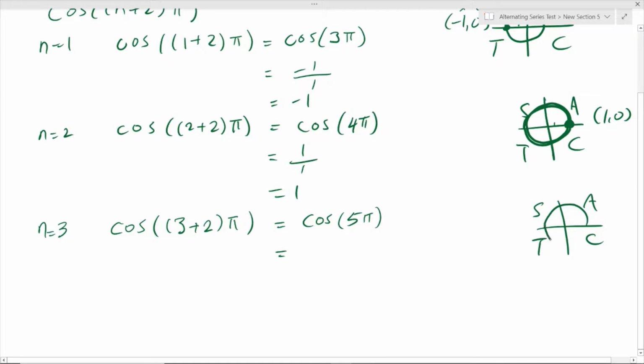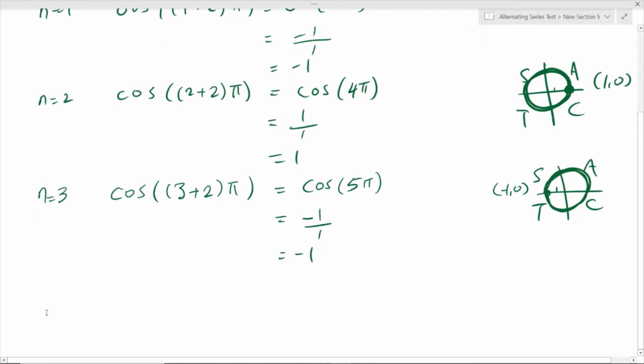So 1 pi, 2 pi, 3 pi, 4 pi, and 5 pi. So right here, so -1, 0. So let's see, this is 1 here, so -1 over 1, that's going to give us -1. So that's for n equals 3.